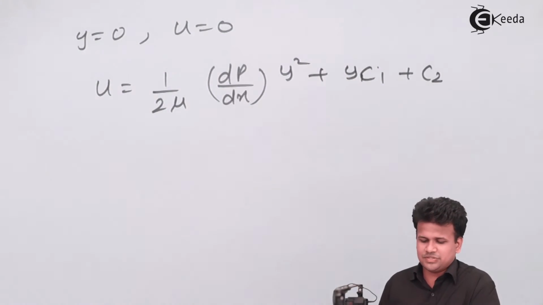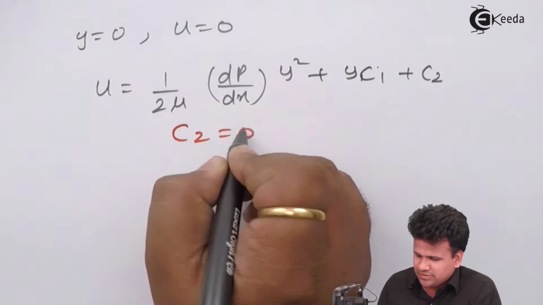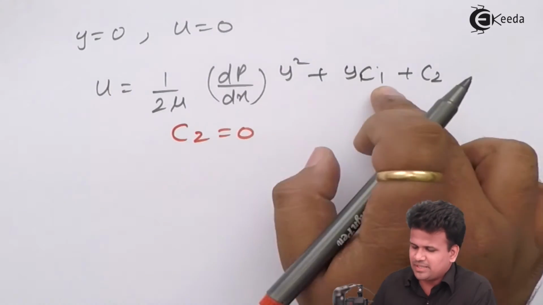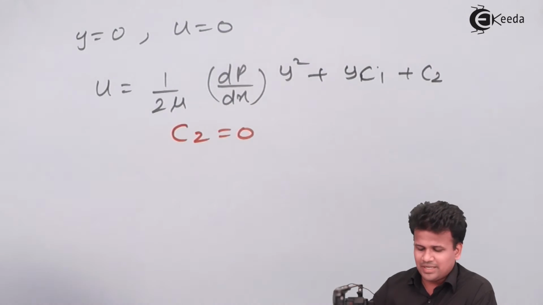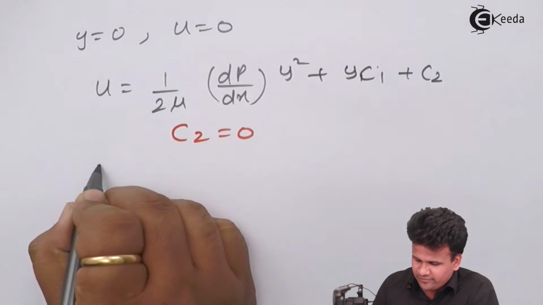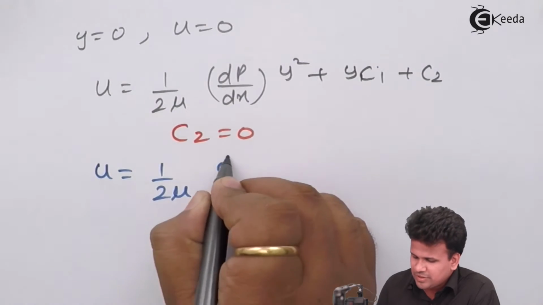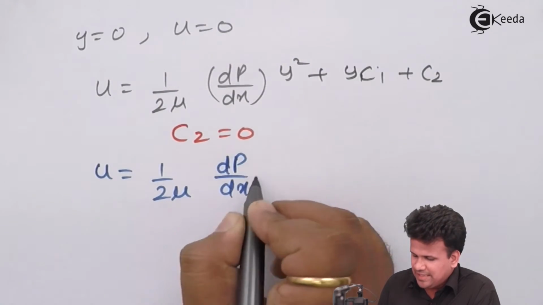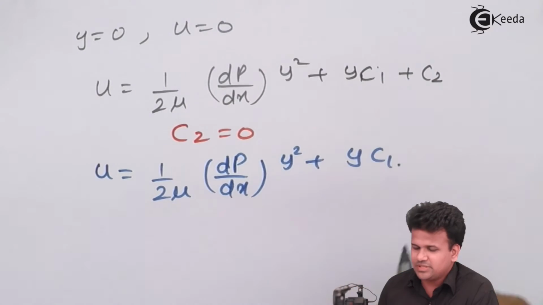If you substitute this boundary condition, what do we get? The value of c2 is equal to 0. All the three terms containing y and u are 0. Then your equation becomes u = 1/(2 mu) dp/dx * y^2 + y*c1.